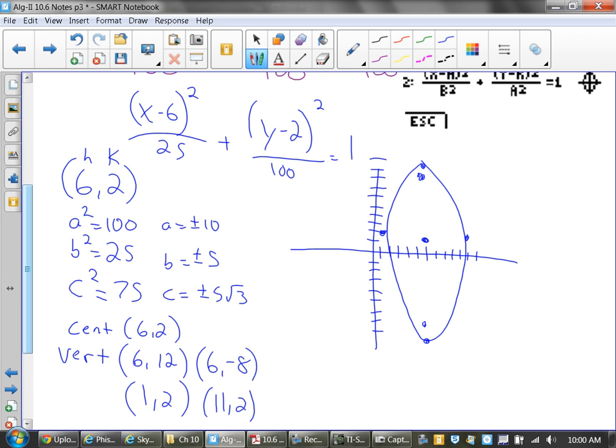Again, so that puts my focus going to be at 6, 2 plus 5 root 3, and then 6, 2 minus 5 root 3. And that is legitimate ordered pairs for funky roots, if you will.